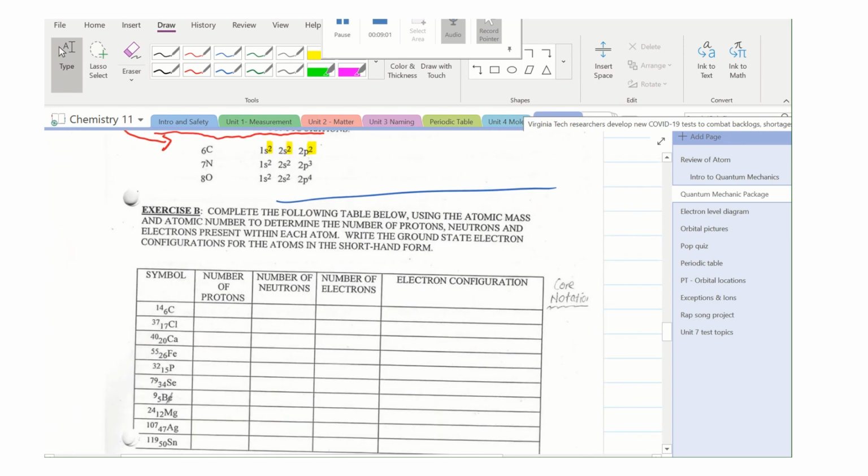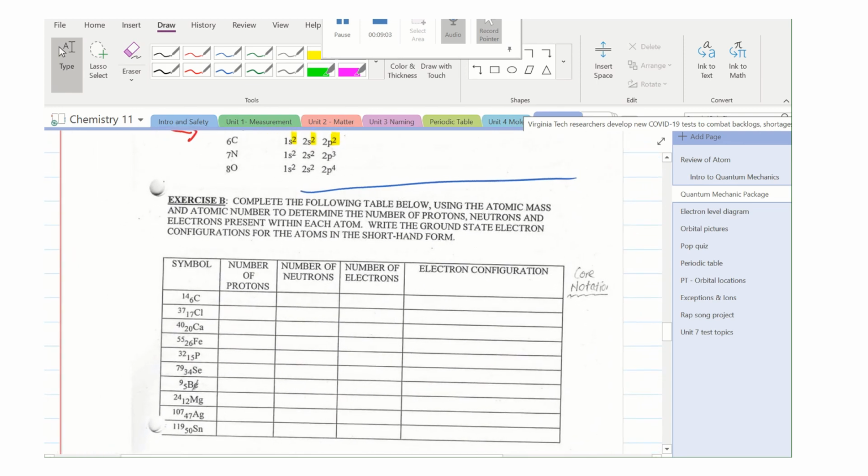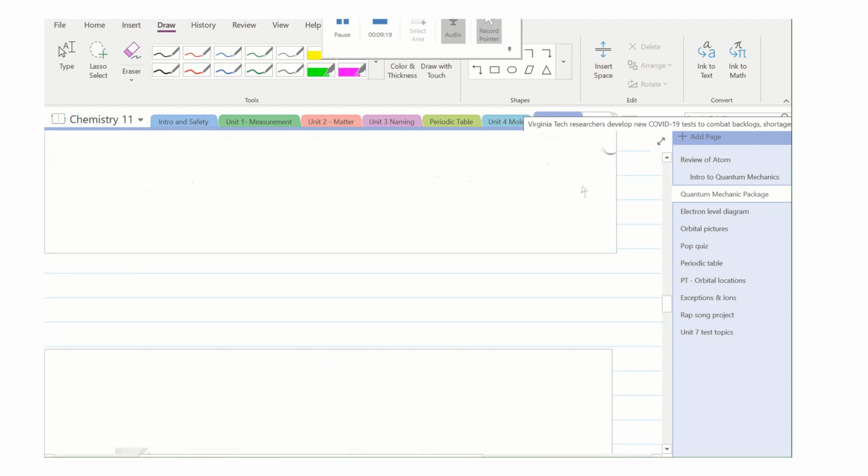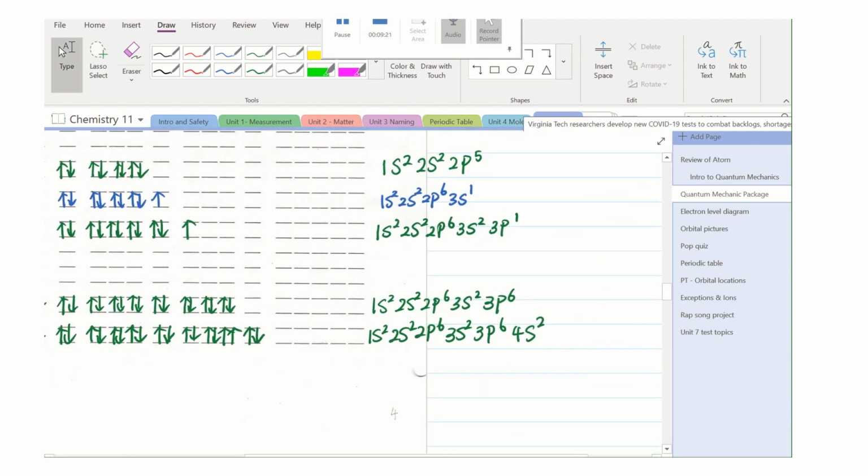So for today, we're just going to have you do a couple more practices on electron configuration, and I'm going to show you something called the chord notation, which will help you to shorten the electron configuration. As you can see, for calcium it gets long, right?